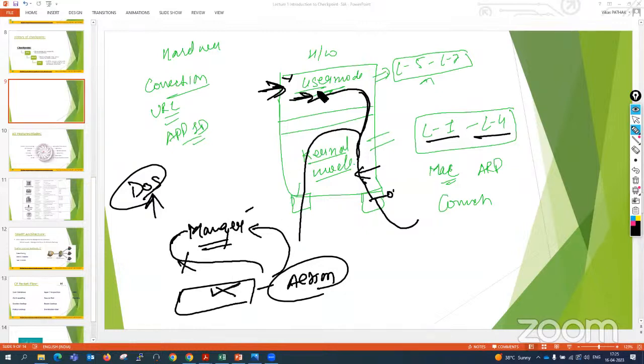Similarly, the user mode says whether this traffic is allowed or not, and then it sends that traffic back to the kernel mode. If the user mode says this traffic is not allowed, it will by default forward that traffic to the kernel mode, and the kernel mode discards that traffic.